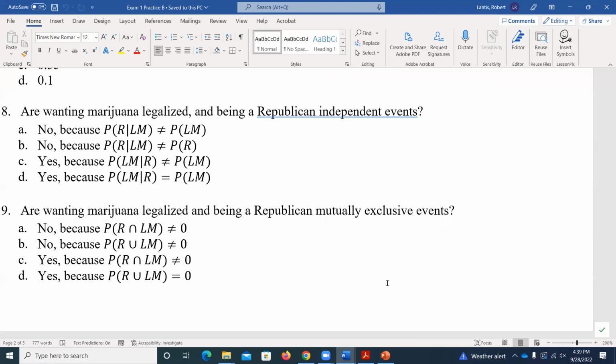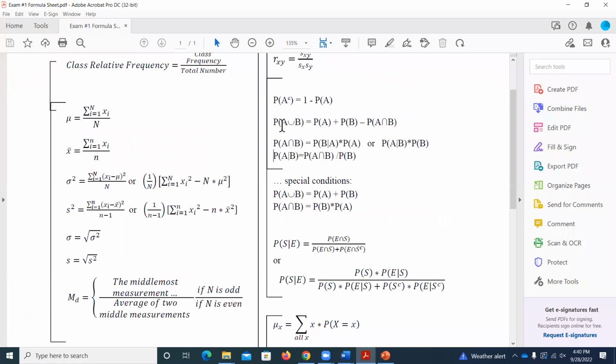So if I want the union of two events, I've got an equation that my formula sheet reminds me of how I can find that, which is right here. Right? So if I want the union of two events, that's going to be take the probability of each event, add them together, and then subtract out what I'd be double counting, or what's in both of them, or what's the intersection of those two.